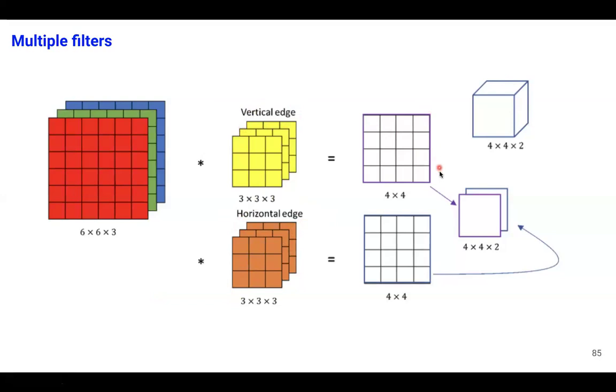Then you get an output 4 cross 4 matrix for one filter, another 4 cross 4 output for this filter, and then you stack them up. So eventually you get a 4 cross 4 cross some value. Here in this case it is 2. This value, the 2, represents that you have used 2 filters.